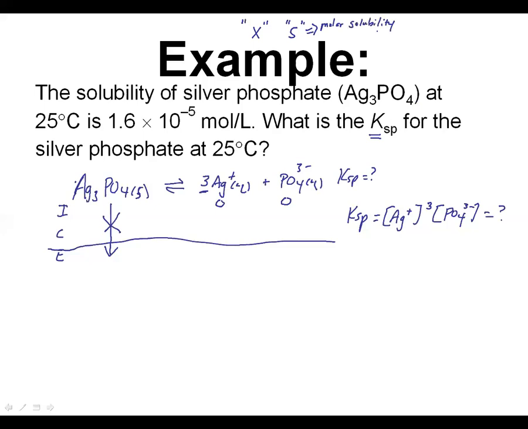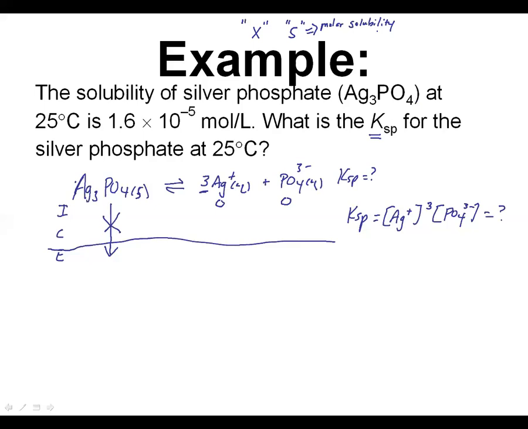And truthfully, if you still like X, you can use X. And heck, you could use any letter you like, I suppose. But traditionally, when people do these ice tables that involve KSP problems, they do use this S.